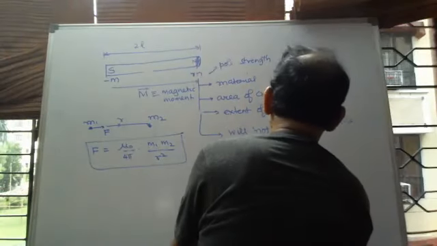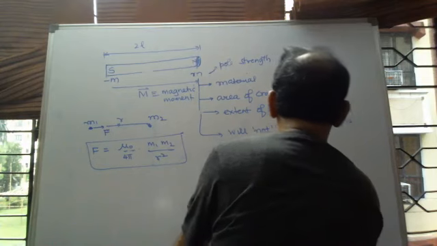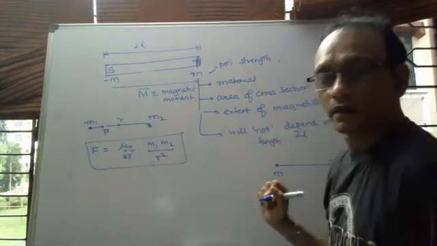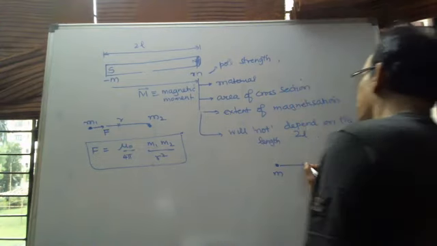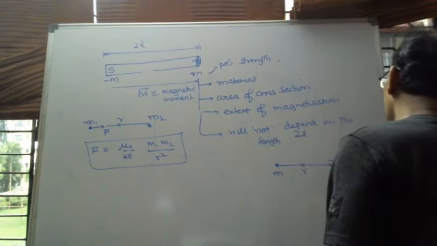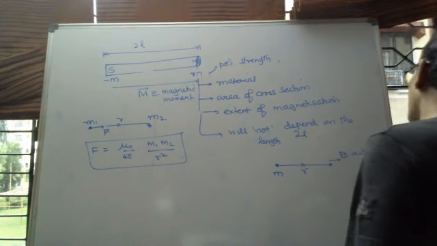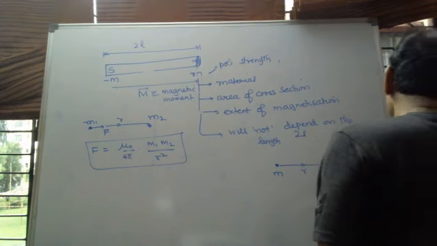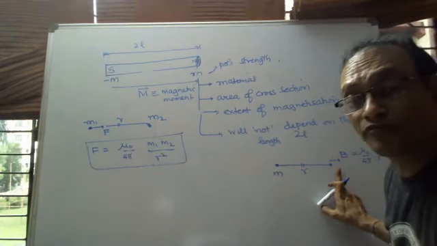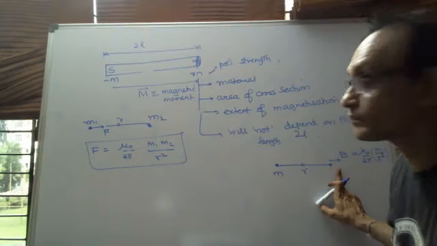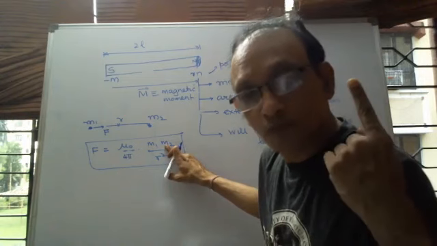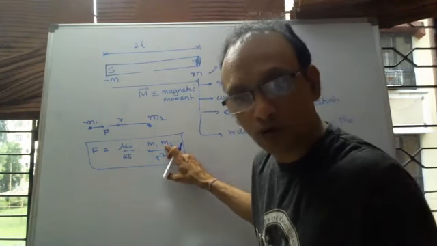And if I imagine an isolated pole M, it will produce a magnetic field at a point at a distance R. It will produce a magnetic field which is mu naught by 4 pi M by R squared, which is the force experienced by a magnetic north pole of unit pole strength. Meaning replace M1 with M, and M2 is pole strength 1 of a north pole.